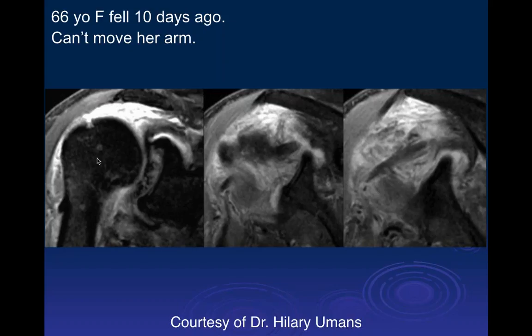So there's essentially very high signal in the area where we would expect the supraspinatus tendon. I think that the musculotendinous junction is basically retracted. So I think we have a full thickness tear of the supraspinatus tendon with retraction. And I think what I'm also seeing is a significant, extensive synovitis within the glenohumeral joint as well, extending into the subacromial bursa.